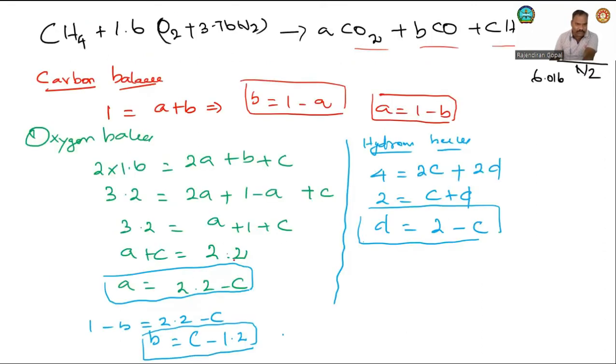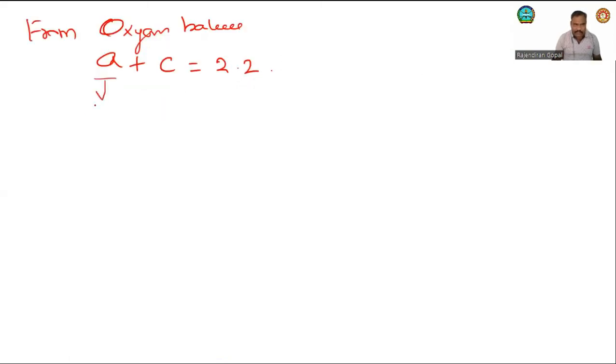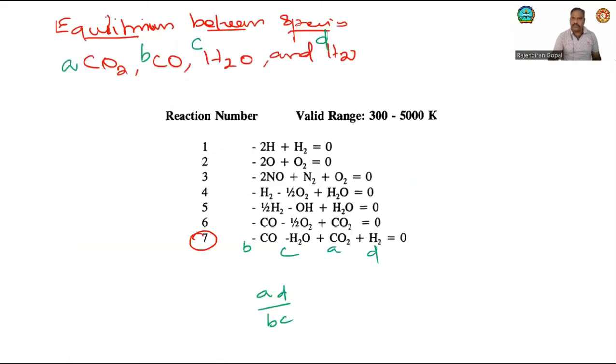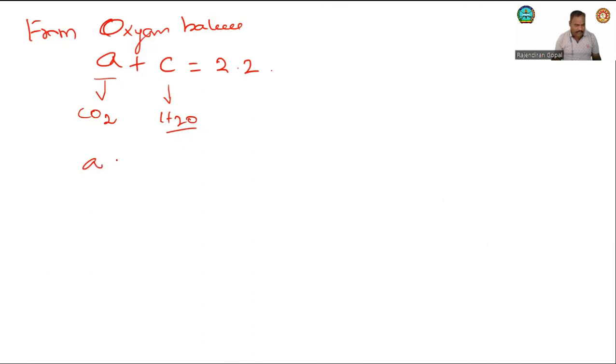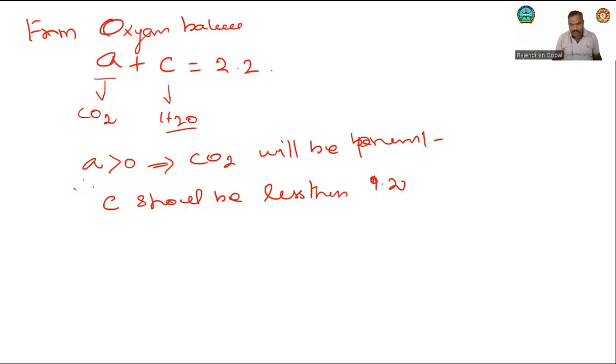Now from the oxygen balance, A plus C is equal to 2.2. A is the moles of carbon dioxide and C is H2O. A should be greater than 0 for CO2 to be present. Therefore A greater than 0 means C should be less than 2.2. Therefore the value of C is 1.648.